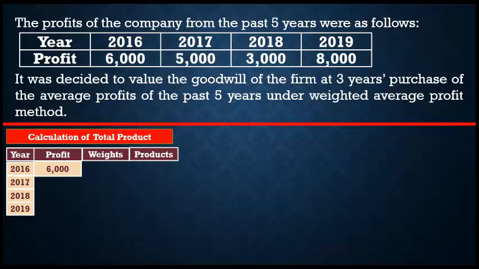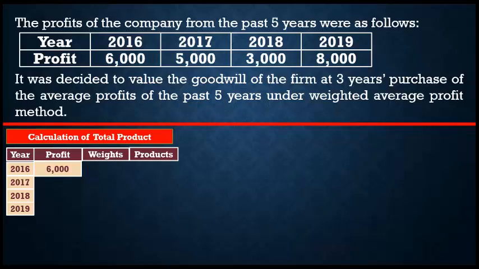If there are 6 years, you have to do the weights in ascending order 1, 2, 3, 4, 5 and 6. In this problem, there are 4 years, so the weights are 1, 2, 3 and 4.